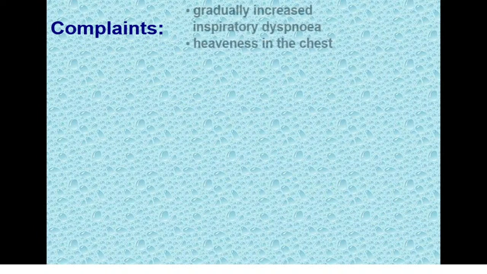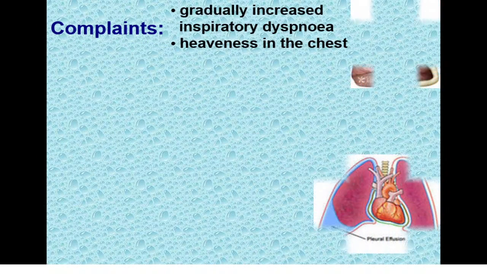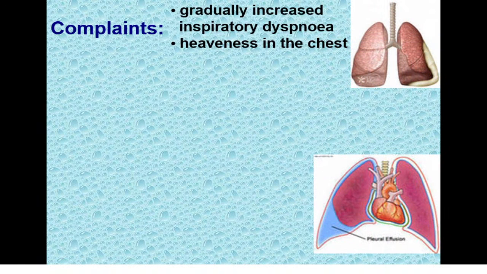Hydrothorax appears gradually because liquid cannot be formed during a short period. As a result, the patient complains of progressive, gradually developing discomfort in the affected side of the chest, a feeling of heaviness, and increased inspiratory dyspnea because the liquid pushes on the lung and provokes compressive atelectasis.